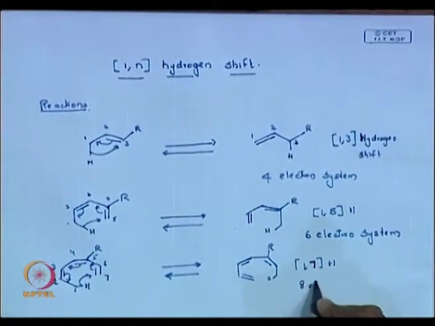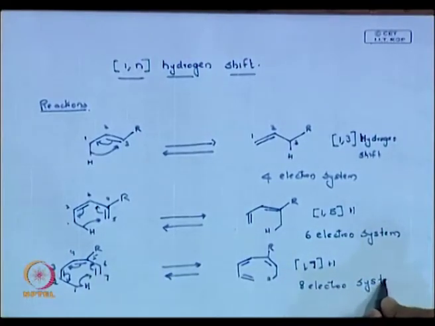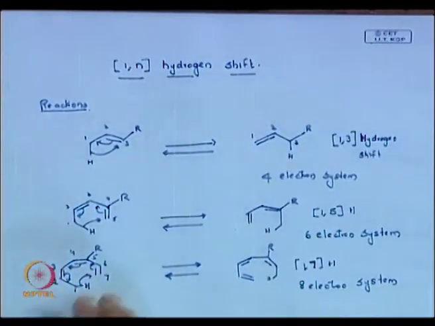So, it is an 8 electron system. Right. So, reaction-wise now you know how to number it, how to represent these, and how many electrons are involved. Any doubt on this?